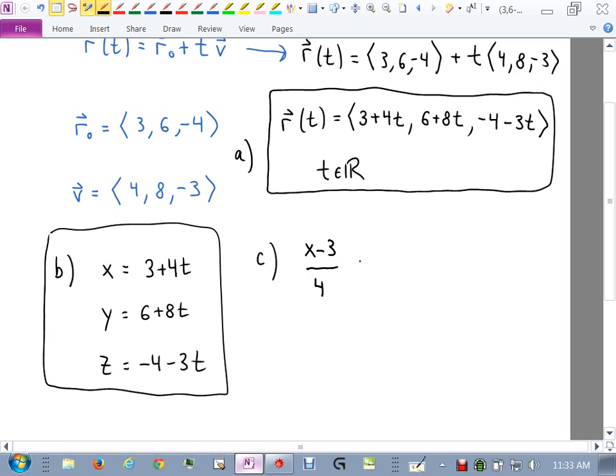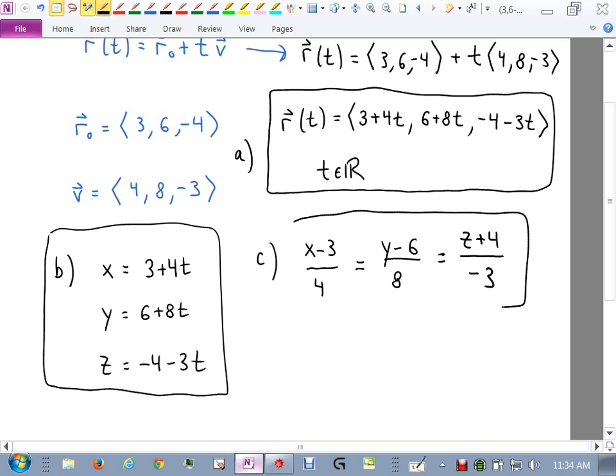That's going to be equal to the next equation solved for t: subtract 6, divide by 8, y minus 6 over 8. And on the last one, to solve for t, it'll be z plus 4 divided by negative 3. Symmetric equation.